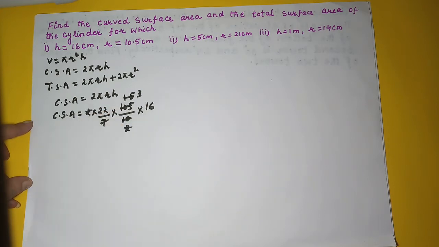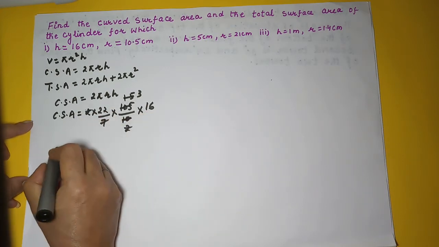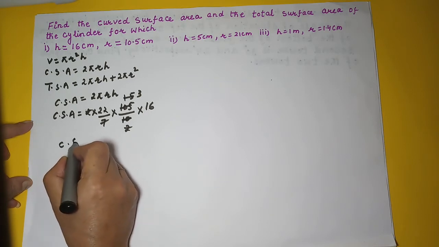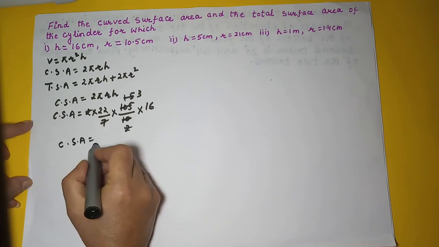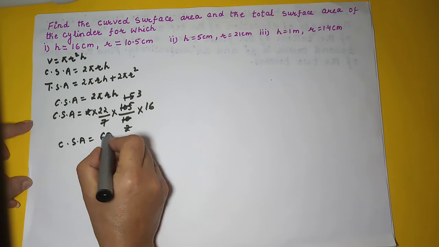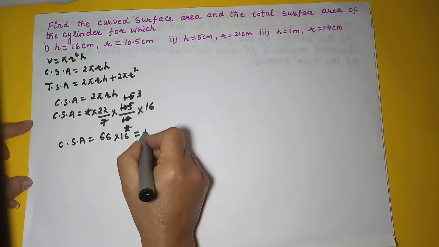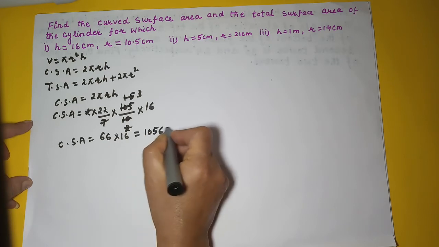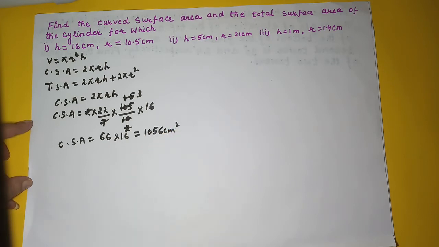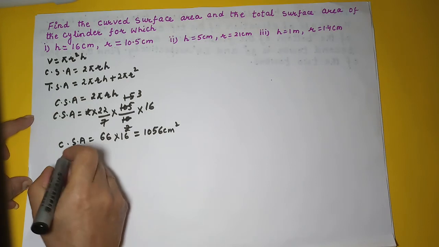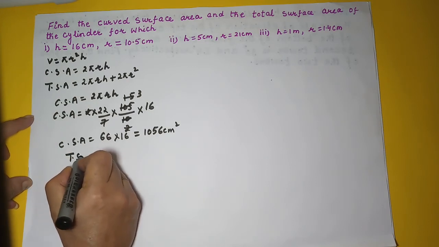This 2 and this 2 will go. So we are left with curved surface area is equal to 66 into 16. So that is equal to 1056 centimeter square.